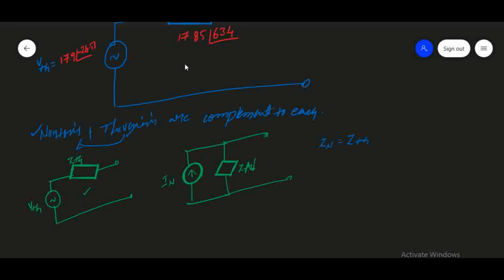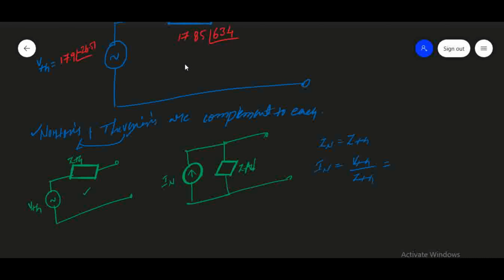Norton's and Thevenin's impedances are equal. If you know one value, you can easily find the other. So we only need to find IN. IN is nothing but VTH by ZTH.